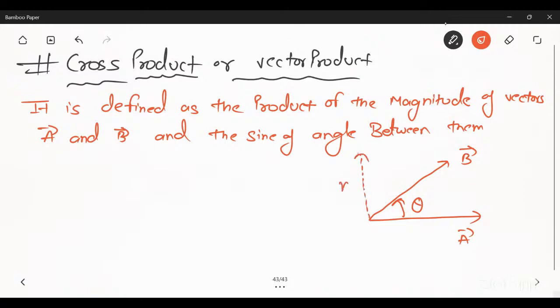That vector is known as n cap, which is perpendicular to both A and B. So what is A cross B? A cross B is defined as mod A mod B sine theta n cap. N cap is a direction vector, a unit vector perpendicular to both A and B, and it gives the direction of that vector.